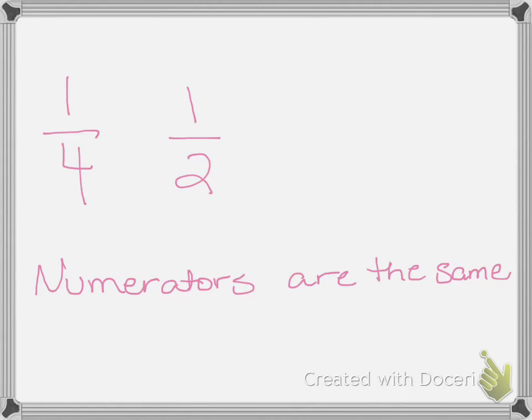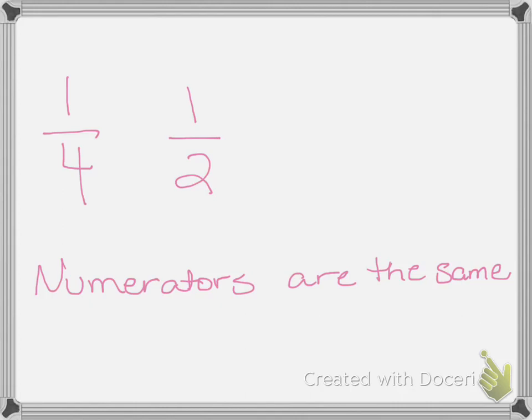When the numerators are the same, it's real easy to figure out which one is the bigger of the two fractions. Because remember, we said as the denominator gets bigger, what happens to the pieces? That's right, they get smaller.